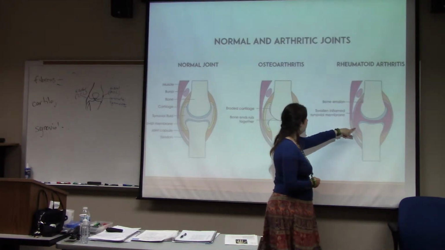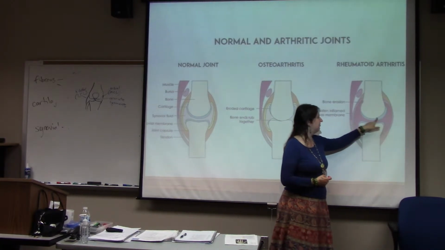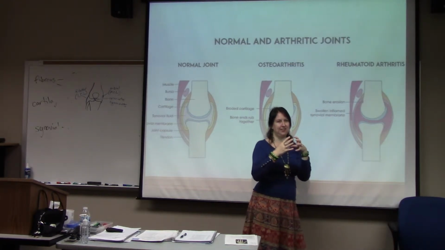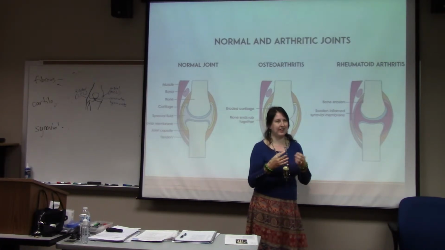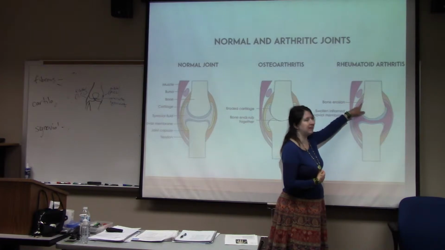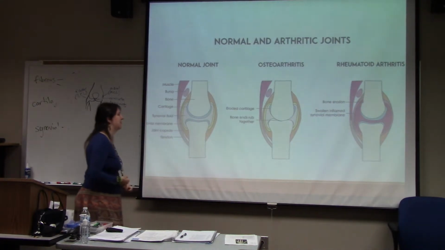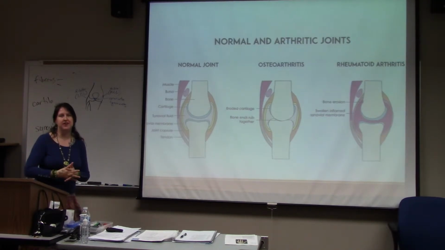In rheumatoid arthritis, the articular cartilage is fine. This is shown in red for inflammation in the joint, which includes swelling and pain. And the bone itself can actually be damaged by the attack. Questions on arthritis?